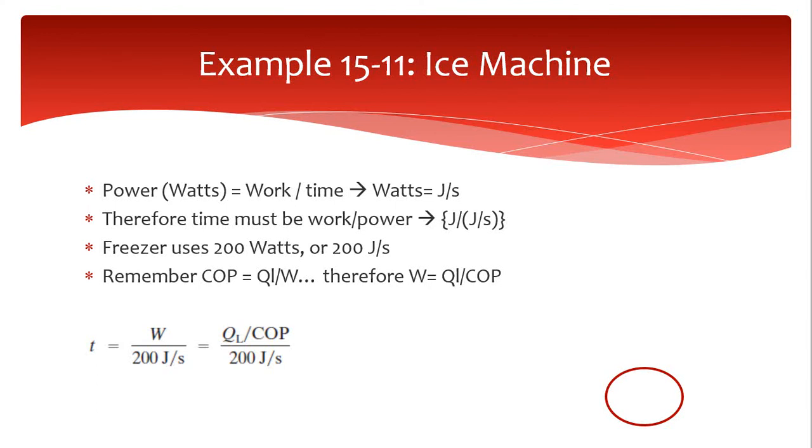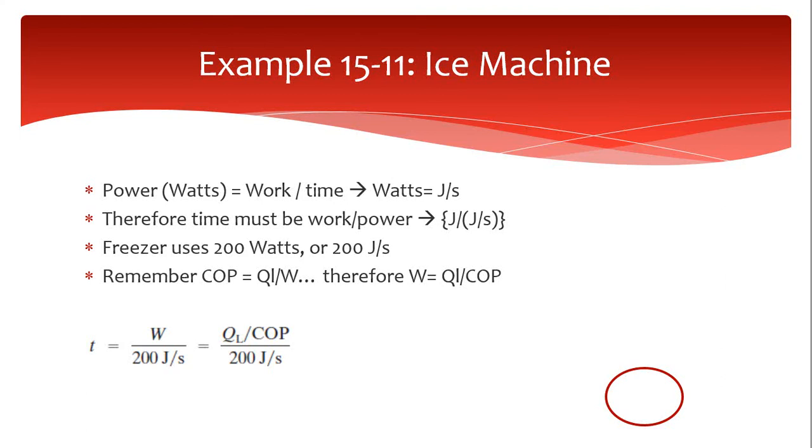And if you can calculate the COP, you can rearrange this formula to calculate the amount of work being done by the ice machine, the freezer. Work is equal to the heat loss divided by the coefficient of performance.